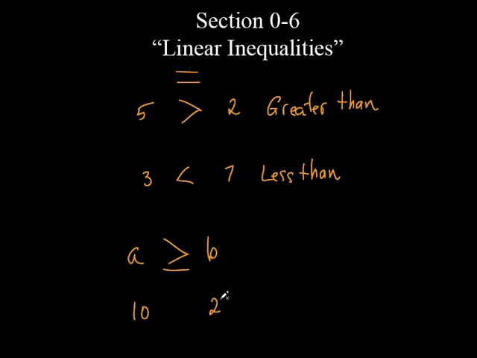Is that true? Absolutely, if A is 10 and B is 2. What if I said that A was 1? Would that work? No, because A has to be greater than or equal to B. 1 is not greater than and is not equal to 2, so that can't be true.